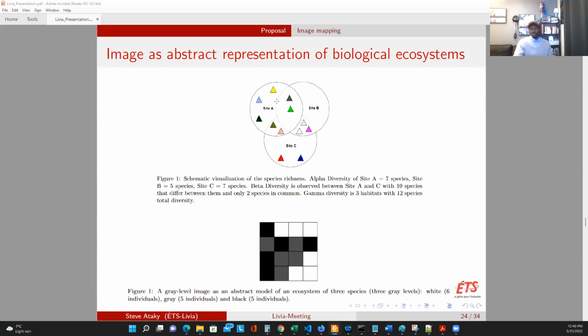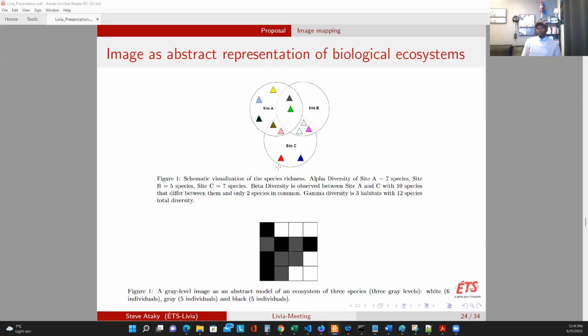These elements are species. Site B has 5 species, and site C has 7 species. Here, these are alpha diversity: alpha diversity of A equals 7, of B equals 5, and of C equals 7. And what about the beta diversity?